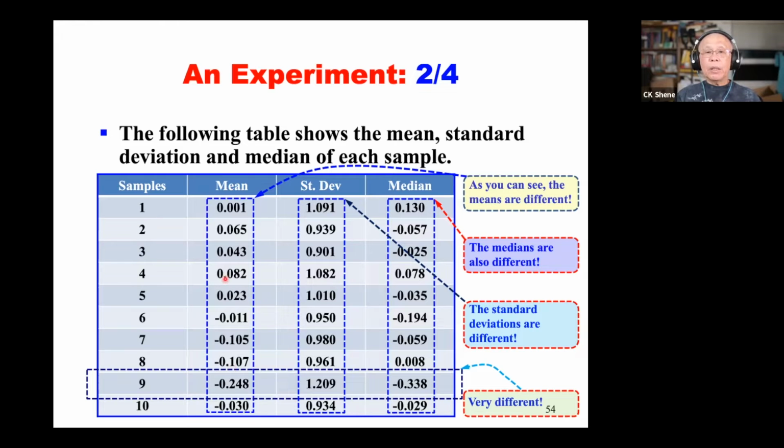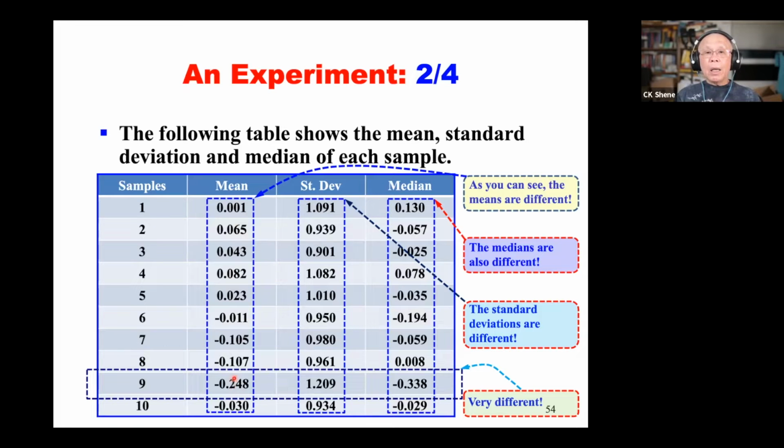As we can see, none of the samples has a sample mean of 0, and none of the samples has a standard deviation of 1. Some are close to 0, like this one, this one, this one, and this one, and this one. But some are not. For example, this one, and this one.